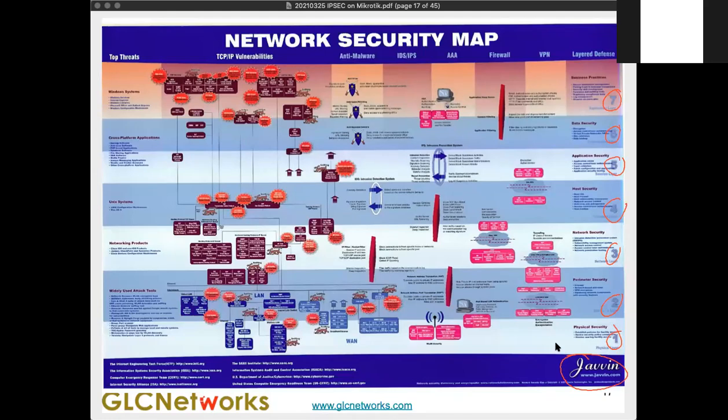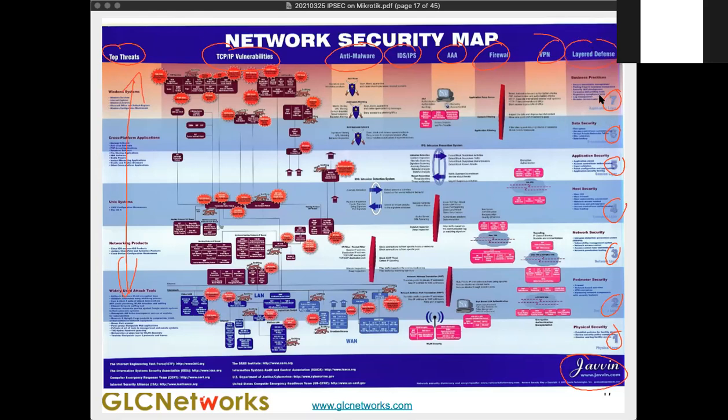You can check their website to get this kind of map. Because every layer has its own security issues. For example, the top threats, vulnerabilities, malware, IDS, IPS, AAA, firewall, VPN. These are the top threats happening on every layer, and here you can see the layer defense on every layer.